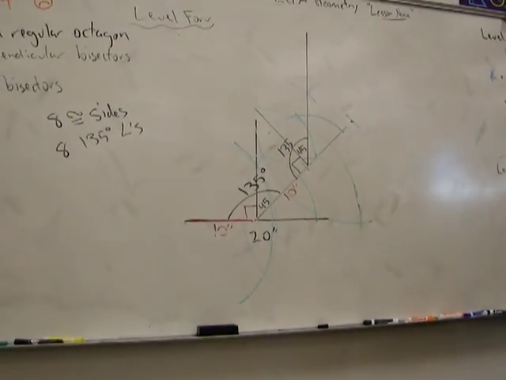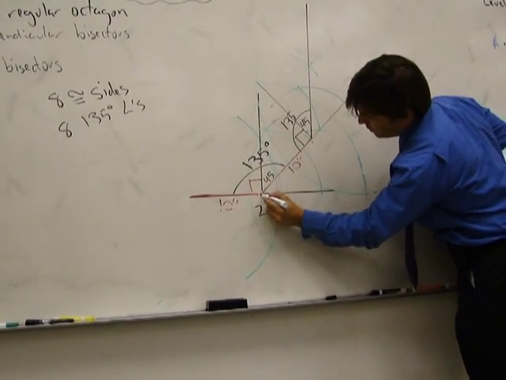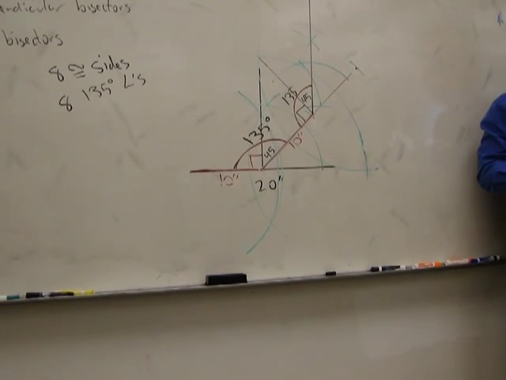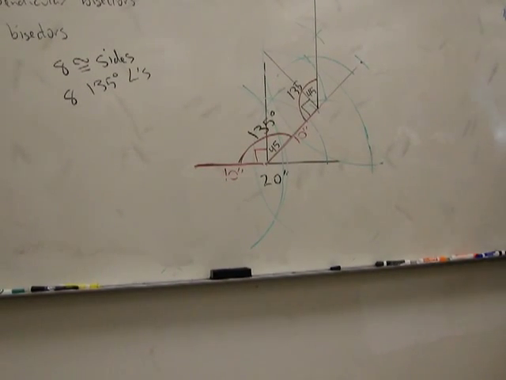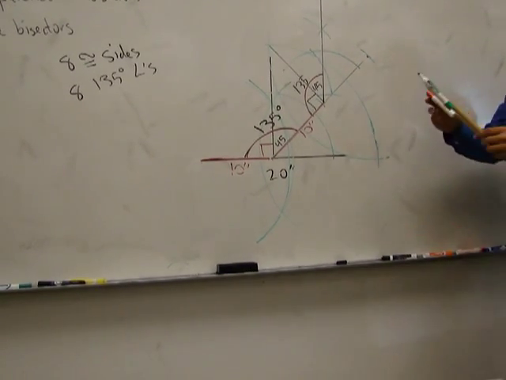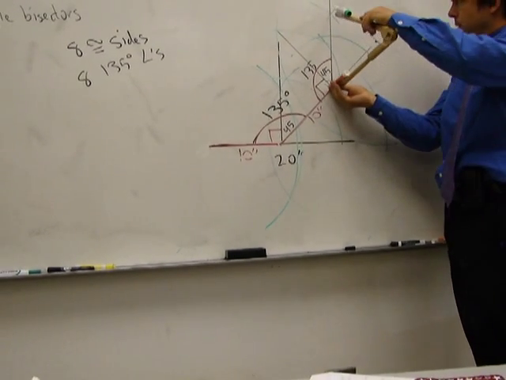And to help you see better where we're at, I can shade this now, because now I have two of my sides, two of my 135-degree angles. And what we do is we just keep repeating perpendicular bisector, angle bisector. So again, if this distance is 10, I can measure the 10, I can mark it.